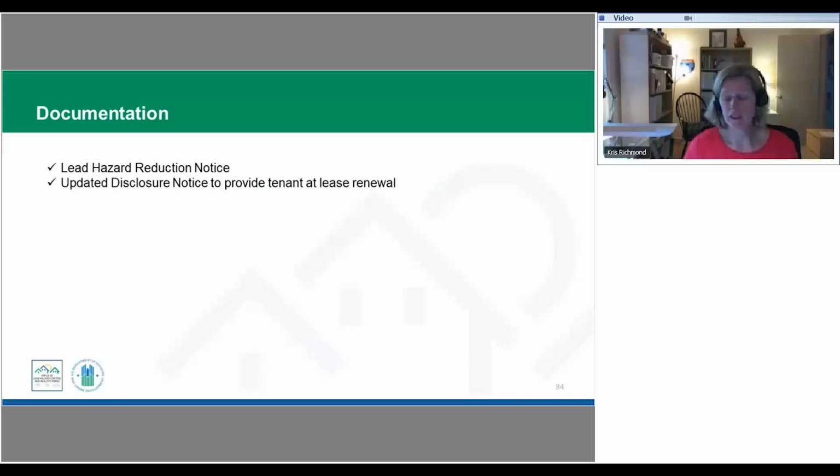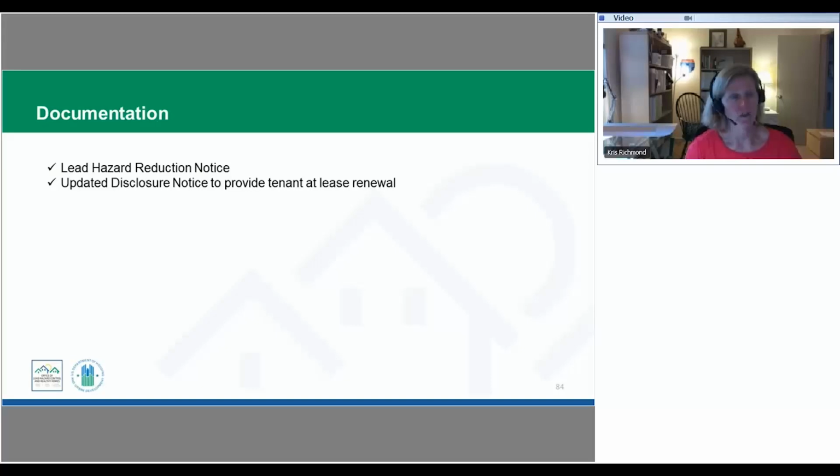So here's a reminder of the documentation that's needed for the notification step after the work is completed. We do need a copy of the lead hazard reduction notice. You want to be checking to make sure it has all the required elements, that there are dates on there, and proper signatures of the person who's put the notice together.